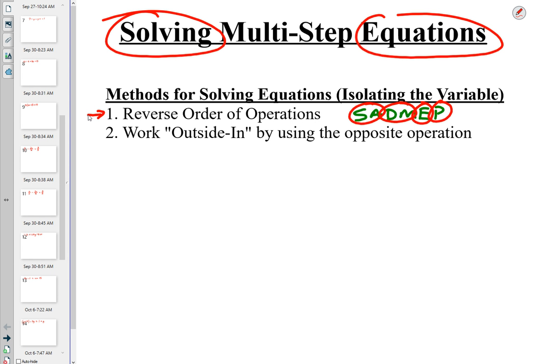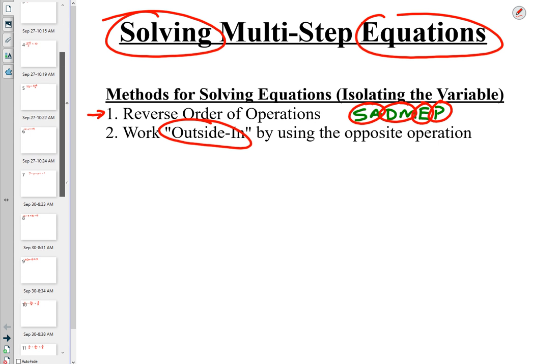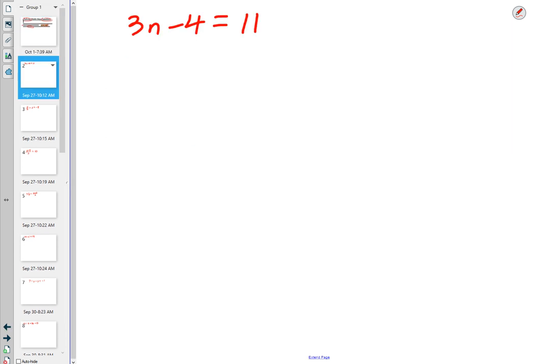Sometimes equations have invisible parentheses that you don't realize are there. So a less formal way of explaining it is that if you want to cancel out operations, work your way outside in. Start with whatever's the furthest away from the variable and work your way in closer. Always doing the opposite. So that's what we're going to just work on over and over and over again until we learn it.